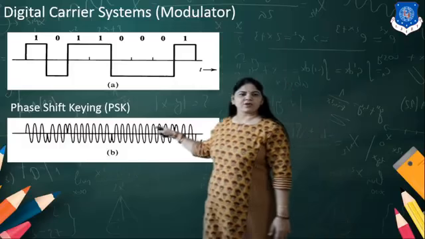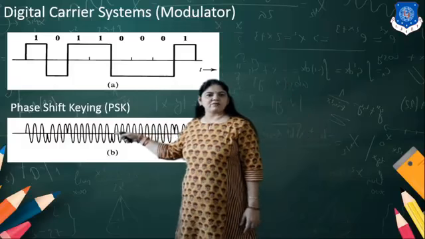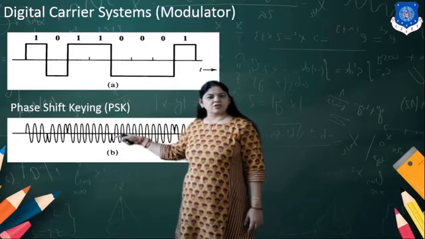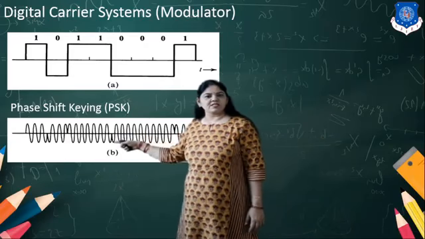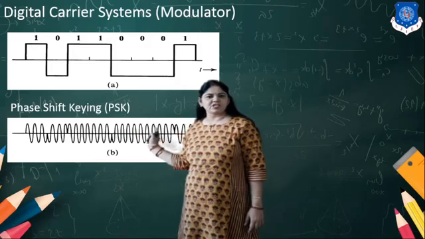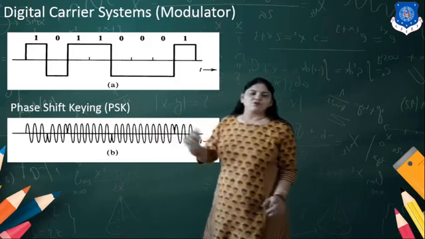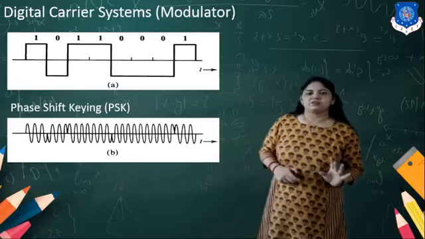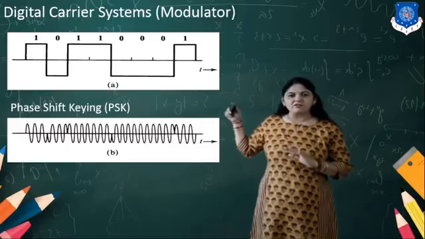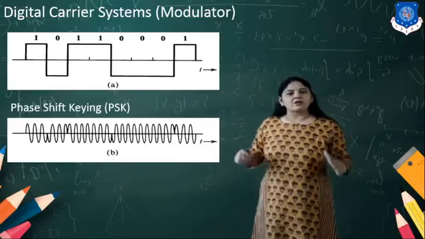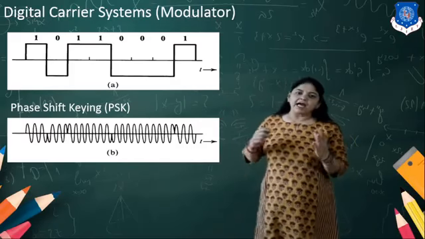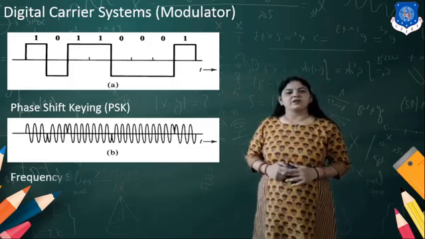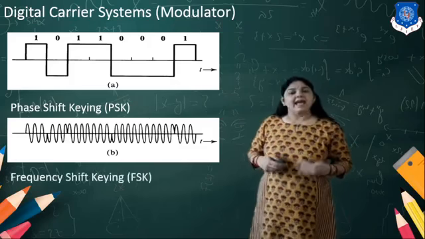When my 1 data finishes and the next is 0, you see a phase shift, and again 0 degree phase shift when the data changes from 1 to 0 or 0 to 1. So we have selected that 1 means 0 degree and 0 means 180 degree. So it is about the PSK.